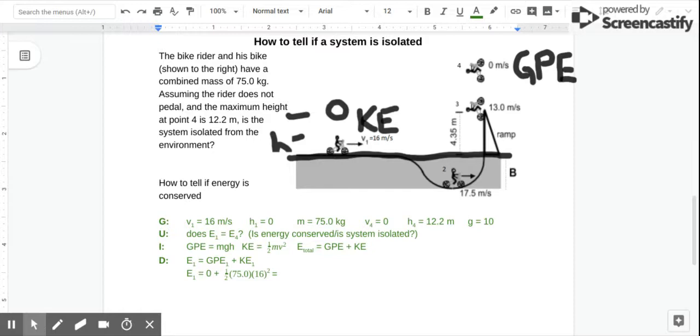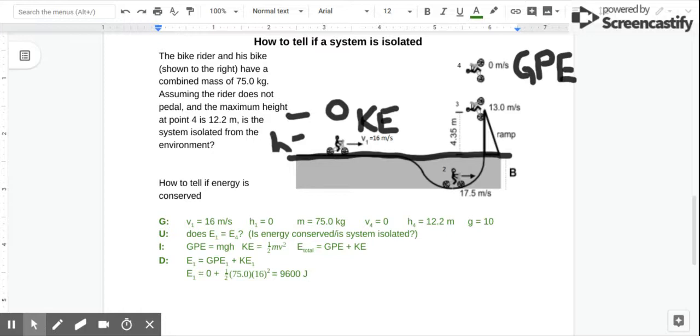I'll do 16 squared first, divide that by 2, and then multiply by 75. We get 9,600 joules. I'm not going to worry about sig figs right now.